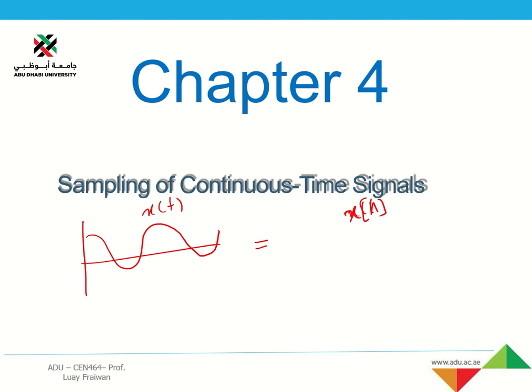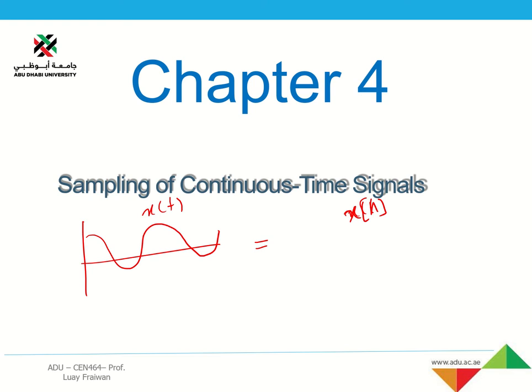The technique used for this is called sampling. So this complete chapter is about sampling, how we can do this process, what the constraints of this process are, and what the procedure is. We will learn about sampling, issues in sampling, discrete time processing, and reconstruction of the signal from the discrete time.